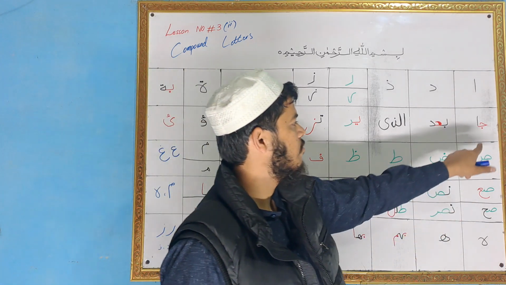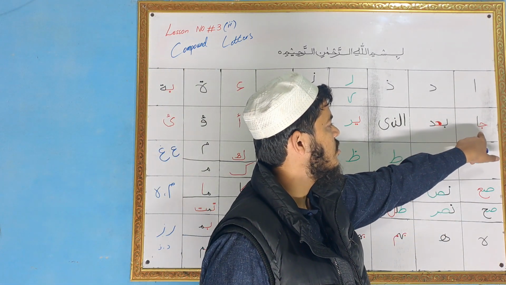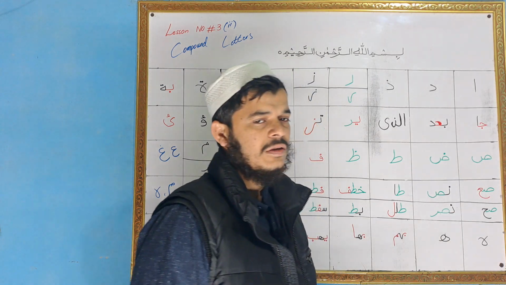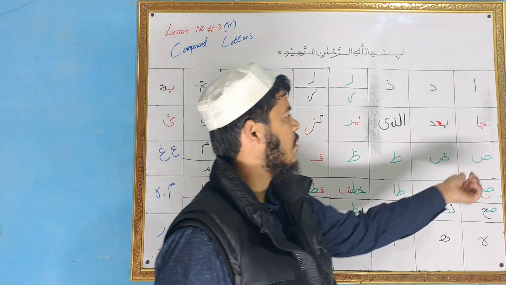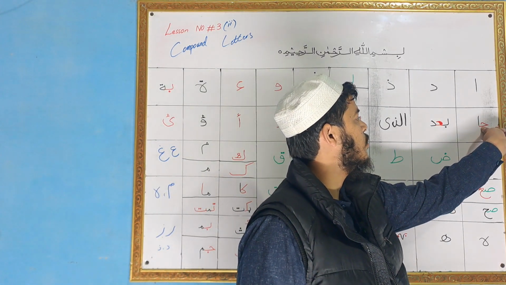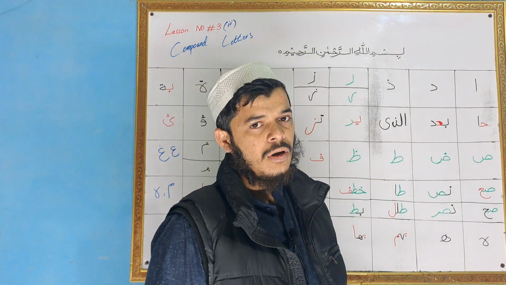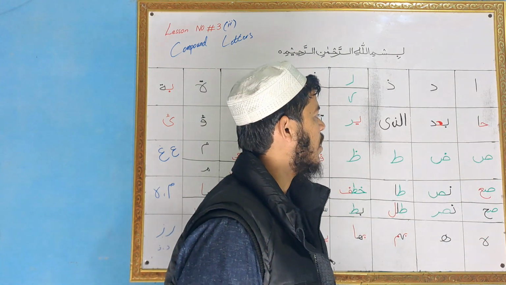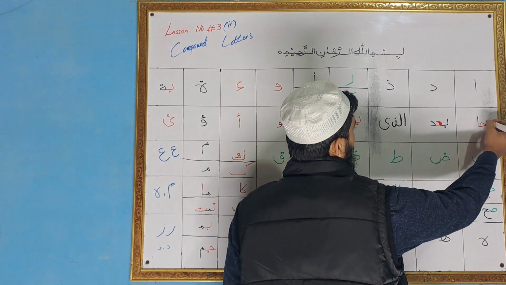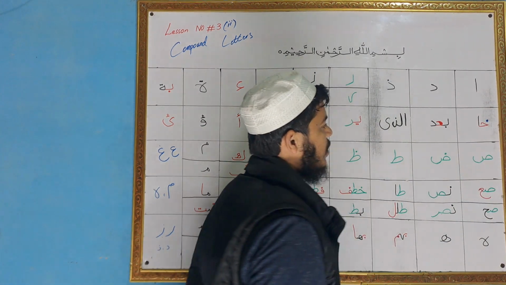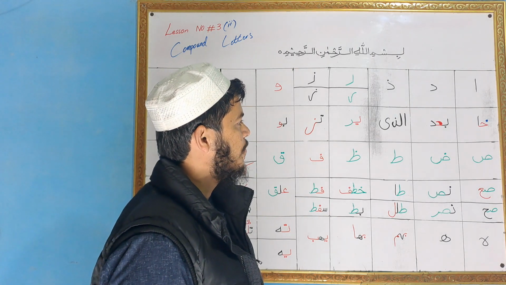So just like we can see there, this is jim. The black one will be considered as alif, and we can simply convert this letter jim into many letters. Without dots it will be considered as ha, and with one dot on it, it will be considered as kha.